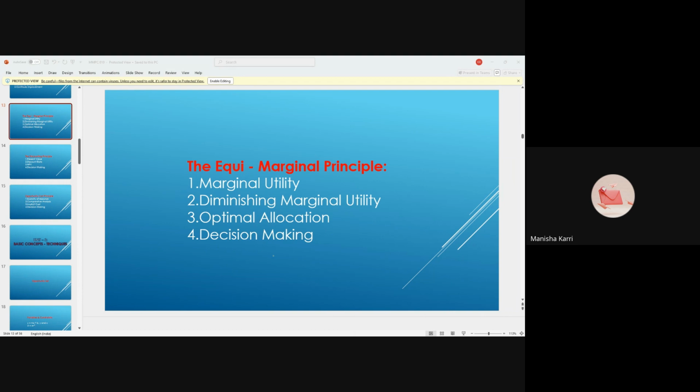This will ensure that the consumer is maximizing their total utility from the combination of books and movies. Overall, the equimarginal principle is a useful tool for decision making in economics, helping consumers and producers allocate resources efficiently to maximize satisfaction or profit. This is nothing but the equimarginal principle.